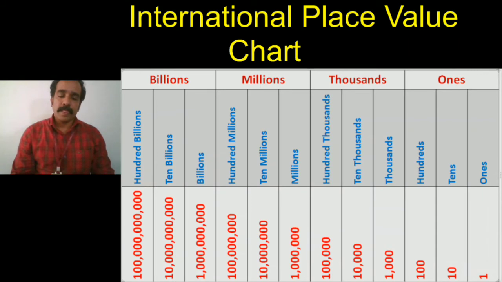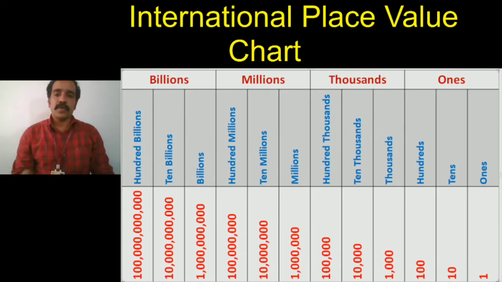But in the international place value chart, instead of lakh, crores and all, we use some other terms. And also, in the international place value chart, you can see in the table, every group contains 3 digits each.